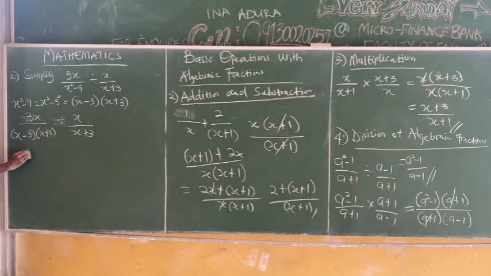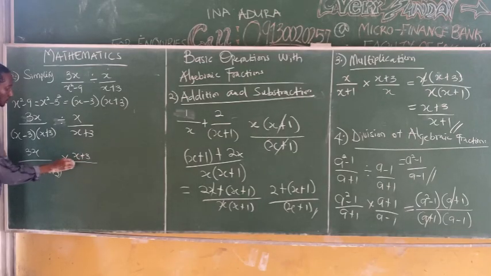By that we have 3x over x minus 3 into x plus 3, multiplied by, this one becomes the numerator, so we have x plus 3 divided by x.